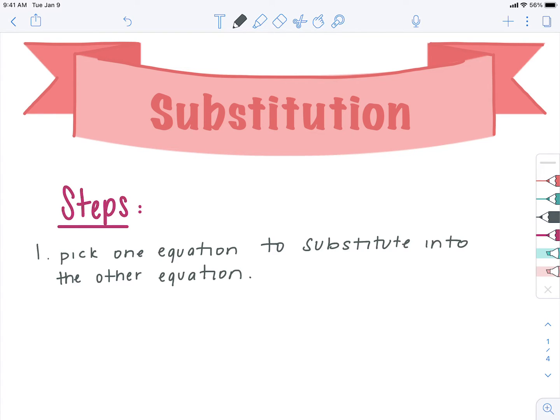And when we do this, we want to pick an equation that's either already solved for x or solved for y, or an equation that's easy for us to get x or y by itself.